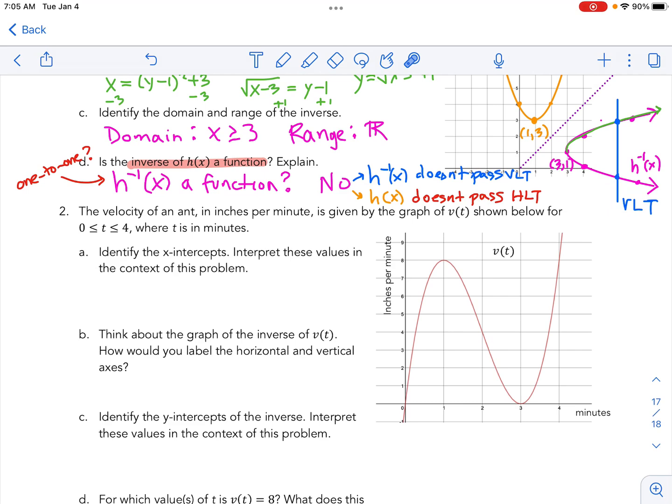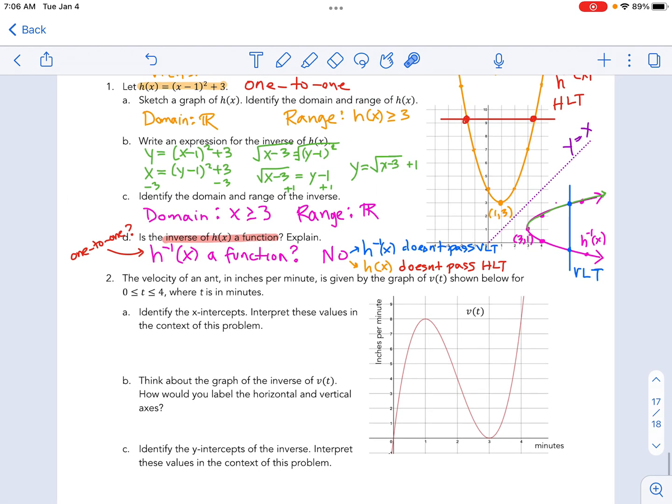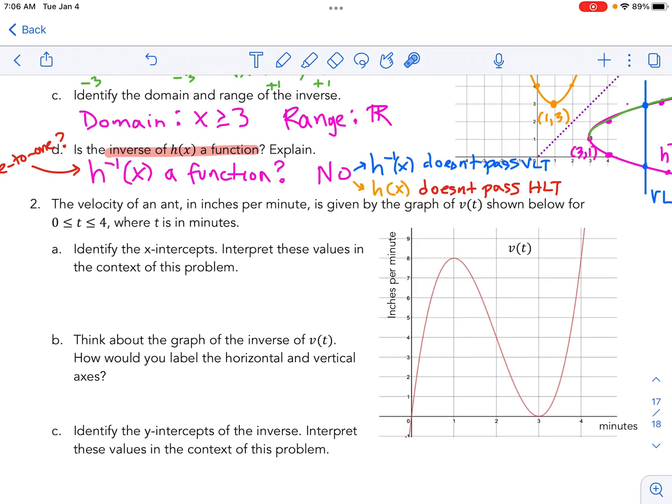Here's a velocity function, okay? And that velocity function itself is a function, right? It passes the vertical line test. But let's talk about its inverse without drawing the inverse.